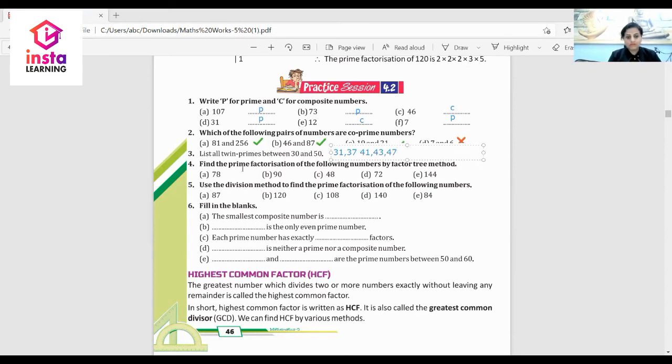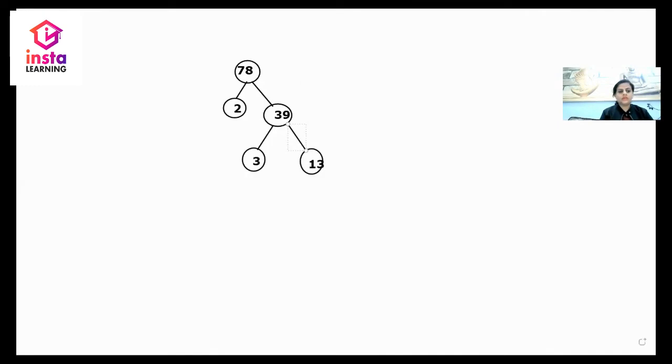After that, find the prime factorization of the following numbers by the factor tree method, which is going to be shown on the whiteboard. The trees are for 78, 90, 48, 72 and 144. We are going to do it on our whiteboard only. So here is the tree factorization. In that we will first write 78 in a circle.